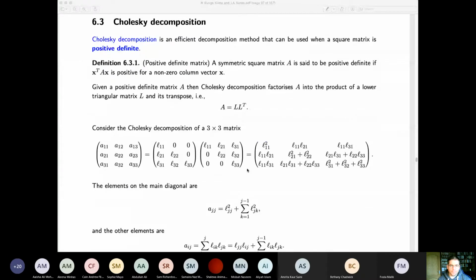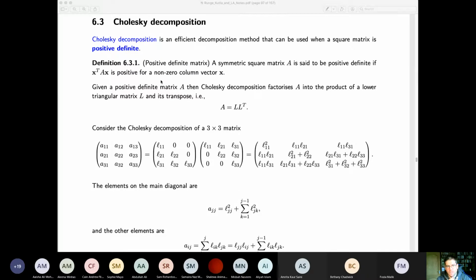So moving on to Cholesky decomposition. This is when we have a matrix in a certain form, which is called a positive definite matrix, and the definition of a positive definite matrix is that it's a symmetric matrix, which means there's a line of symmetry about the main diagonal.